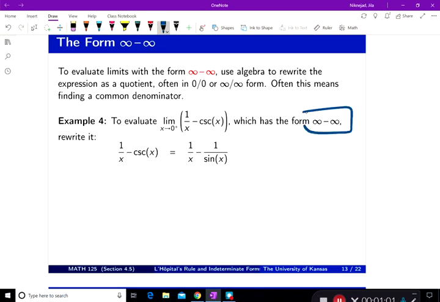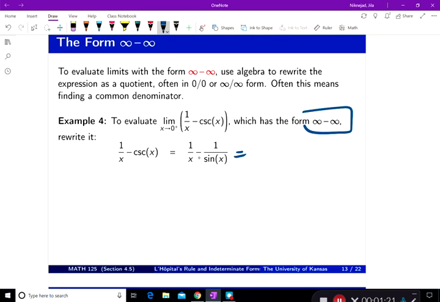So the form is infinity minus infinity. Both of them are positive because x approaches 0 from the right, and the same thing for sine. And now I know that infinity minus infinity is not in my toolbox for L'Hopital's rule.